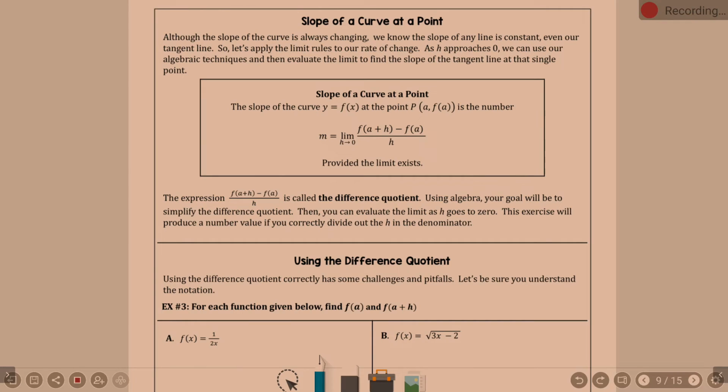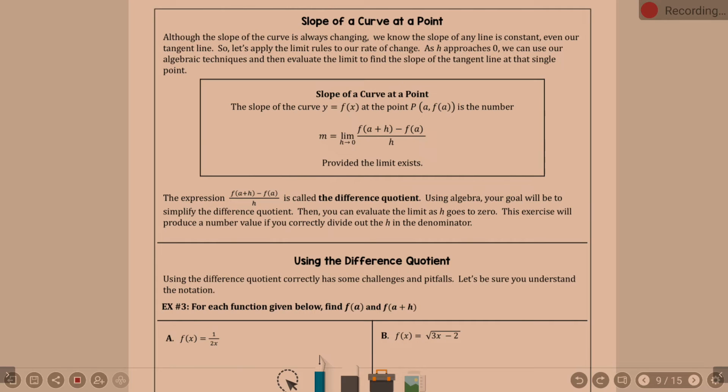So you have in this box slope of a curve at a point, because the distance between those values is approaching 0. This is that fraction we just came up with, paired with a limit. Again, we're not officially calling it a derivative yet.